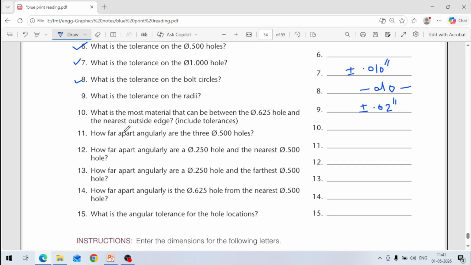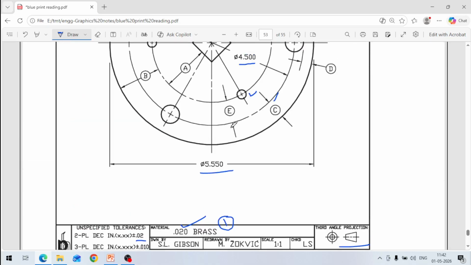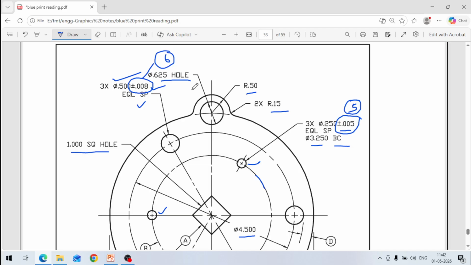Question number 10. What is the most material that can be between diameter 0.625 hole and the nearest outside edge? So this is the diameter 0.625 inch hole, and this edge, how much is the material here?